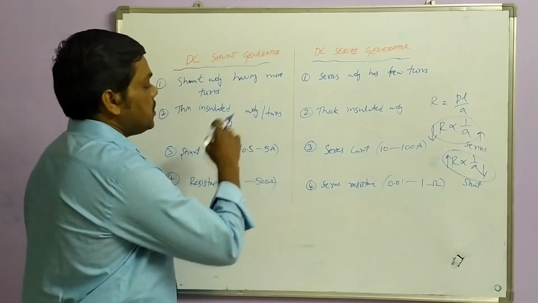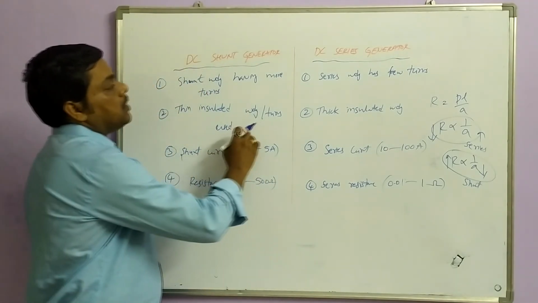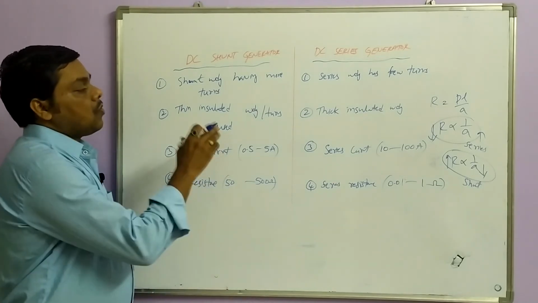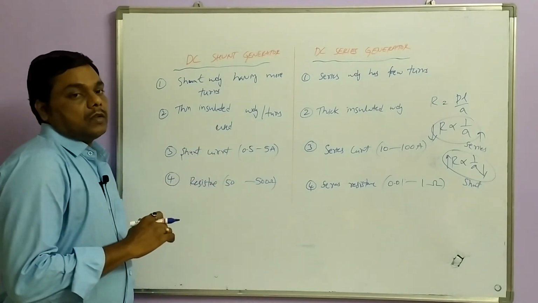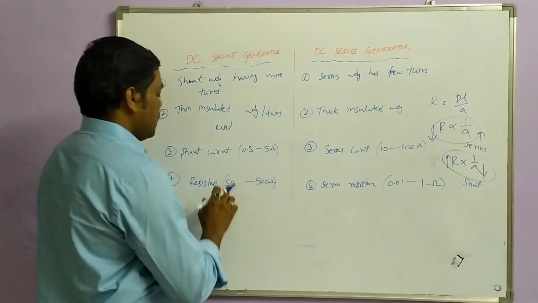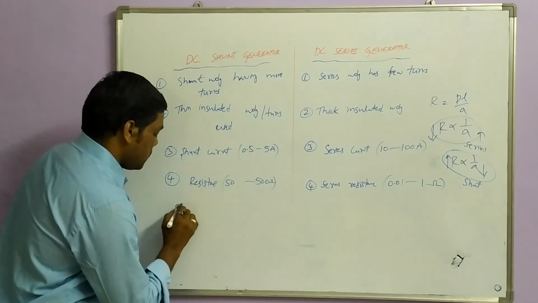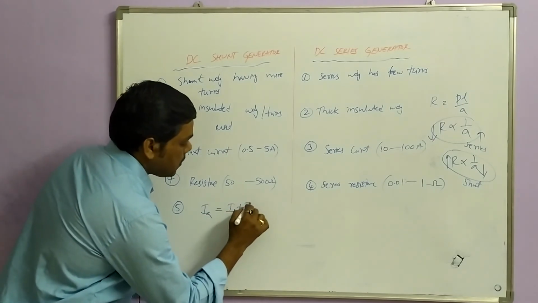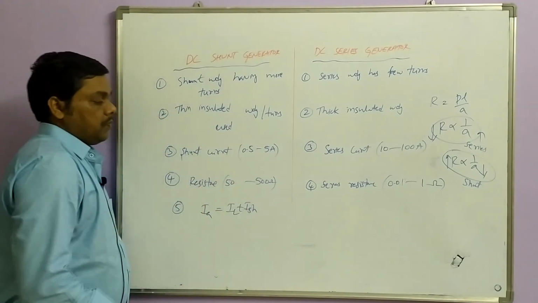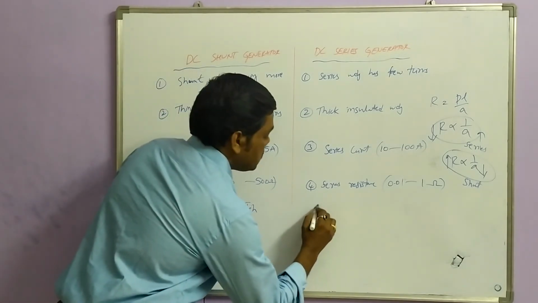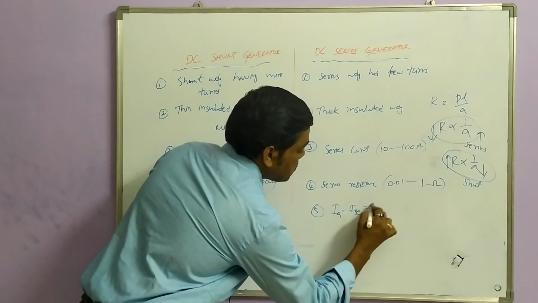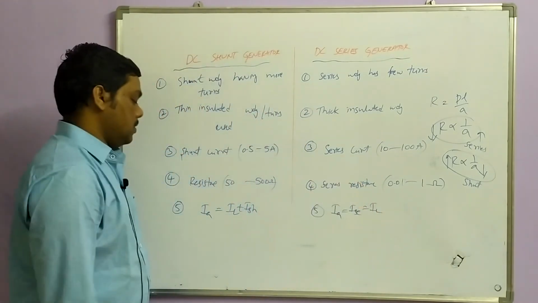Now, these are the major differences between shunt and series generators in terms of winding parameters. And you can also take the current relations. In a shunt generator, the armature current is equal to IL plus ISH, whereas in a series generator IA is equal to ISC is equal to IL.